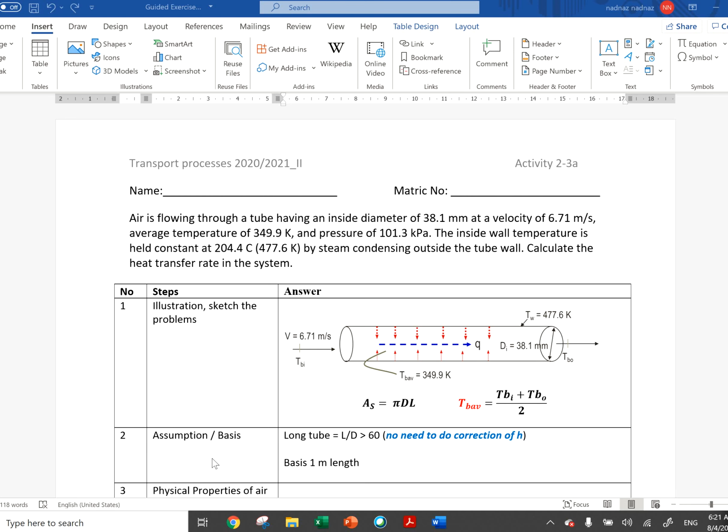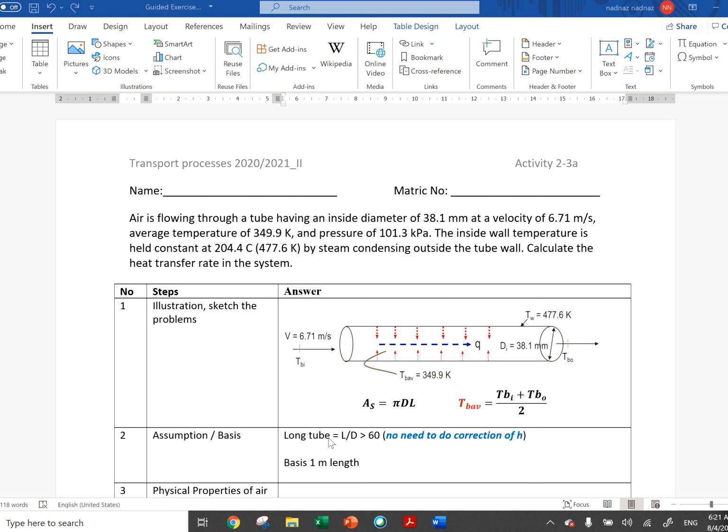Here, what we can do is assume that the tube is very long, where the ratio between length and diameter is bigger than 60. Why is this the case? This is because we want to simplify the calculation.